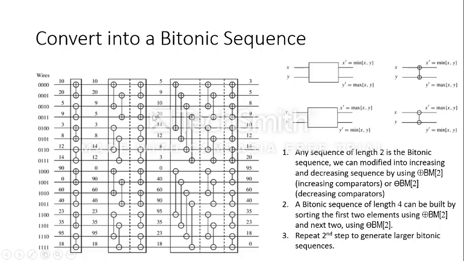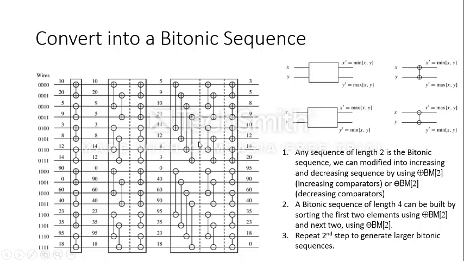Now we have four intermediate outputs at this place and four intermediate outputs at this place. So in total, eight elements are provided as input to this particular Bitonic merging operation. Since there are eight elements, the logarithm of eight shows that there should be three splits, such that after the third split we get the ascending order output.